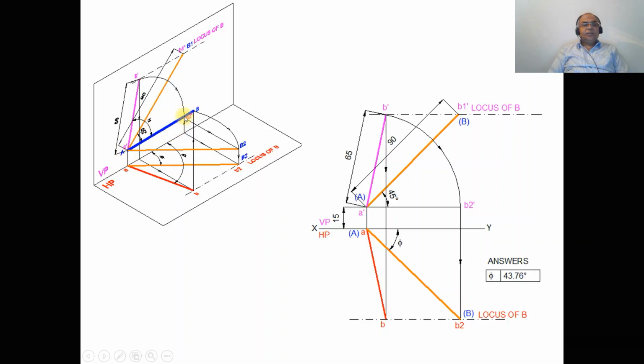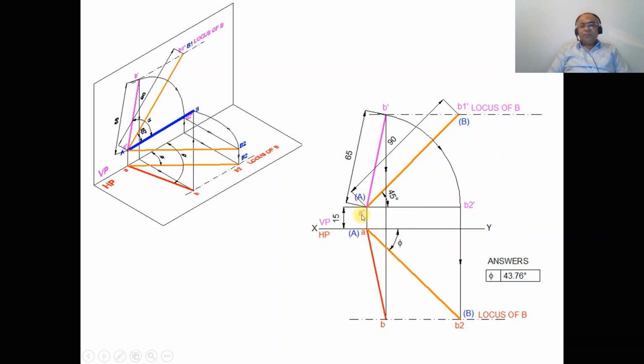So as we get it parallel to HP, then we can find the true length in HP. As we look from the front view, you draw a vertical projector here. As we look from the top view, you draw a vertical projector so that the image falls on the horizontal plane by touching the locus of B in the top view. Then join AB2 with a dot line, which is the true length line.